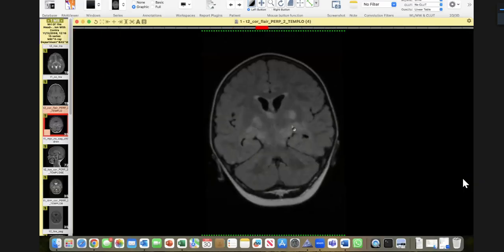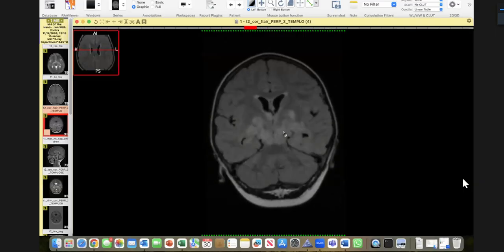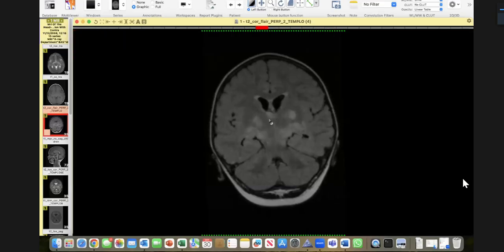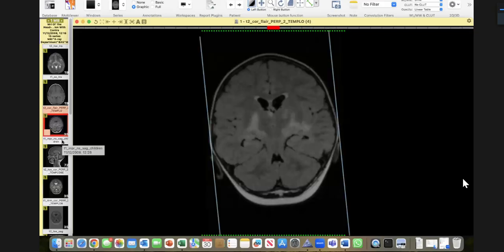If a lesion is there which is not in continuity with the parent tumor, then it might be, for example, this one, a focal area of signal intensity, which we can see in NF1 cases.